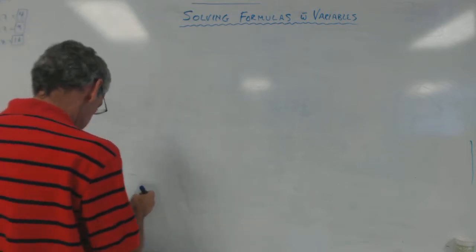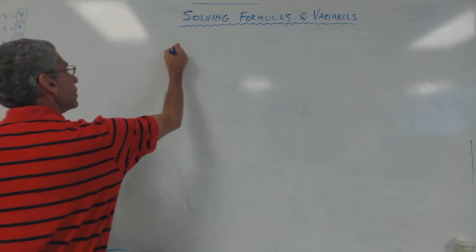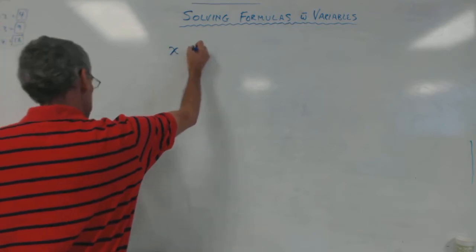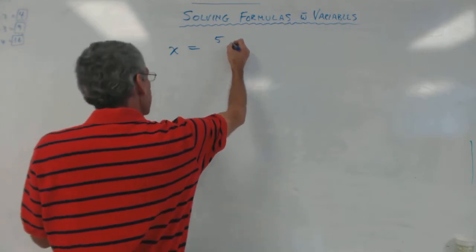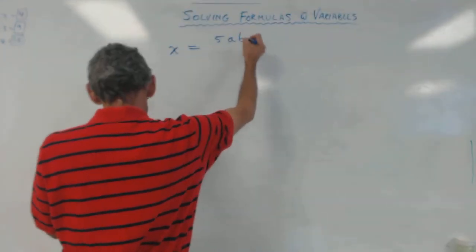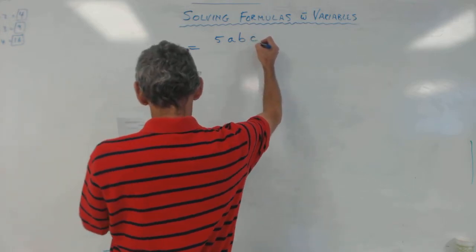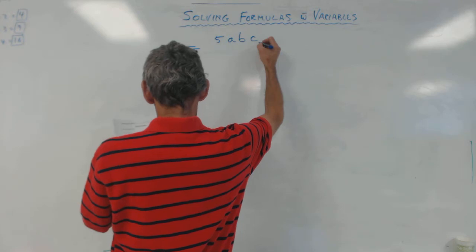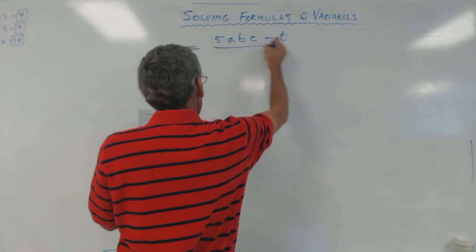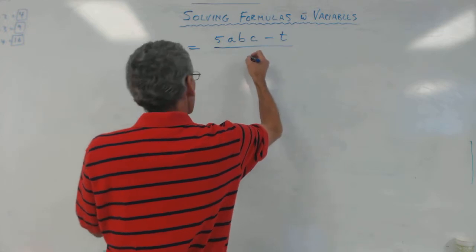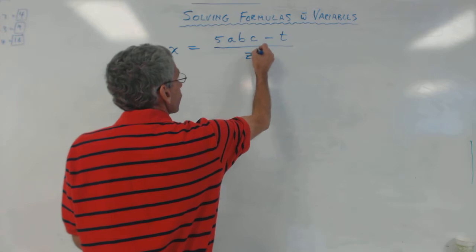Erase it. Let's say I gave you x is equal to 5abc minus t, all over z to the fourth.